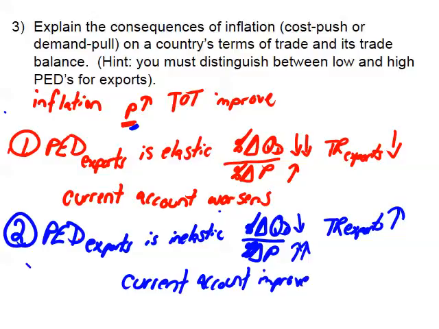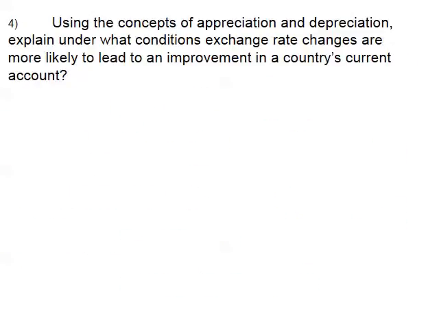In all the situations we've been doing up to this point, please do not memorize. Go through logically what is happening, what's happening to price, what's happening to terms of trade, what's going to happen to the balance of payments, but do not memorize. There is an exception to this. In this case, if we're using appreciation and depreciation of a currency, what is more likely to lead to an improvement in a country's current account?